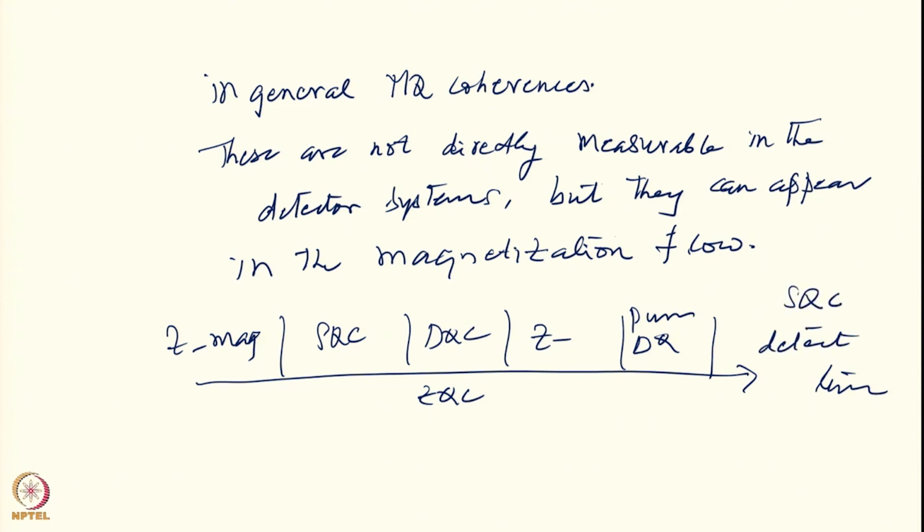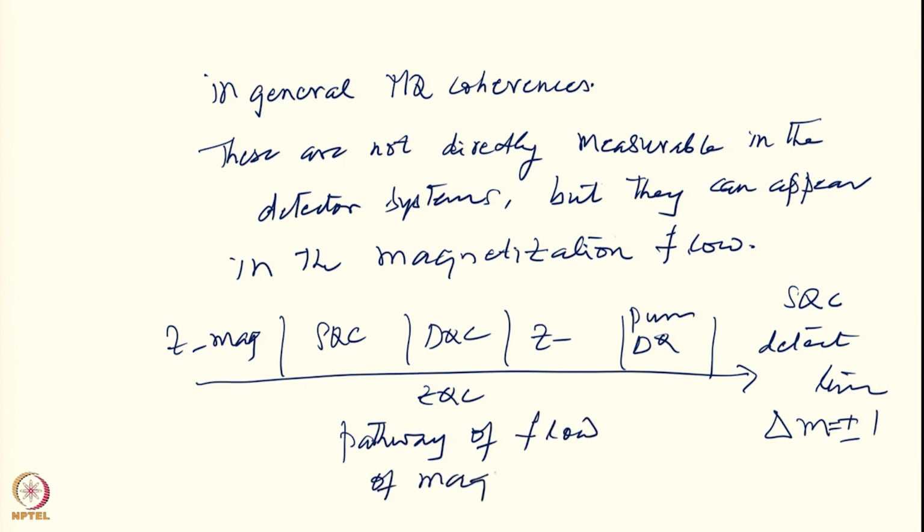You can detect only single quantum coherences, because this is the selection rule, delta m is equal to plus or minus 1, only that thing can be detected, but these ones can appear anywhere in the pathway. So this actually represents the pathway of flow of magnetization.